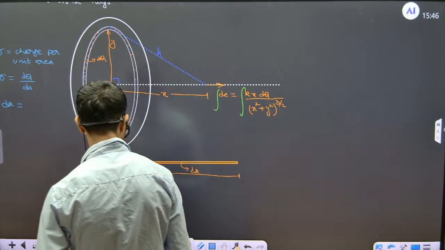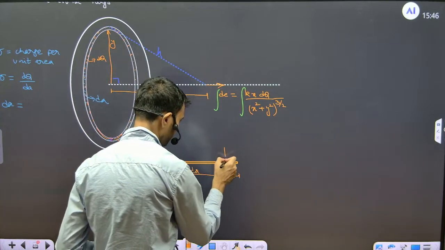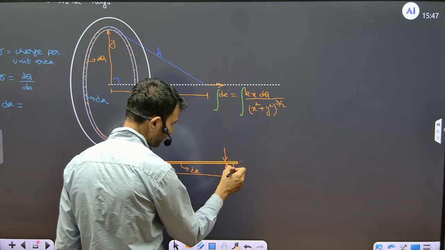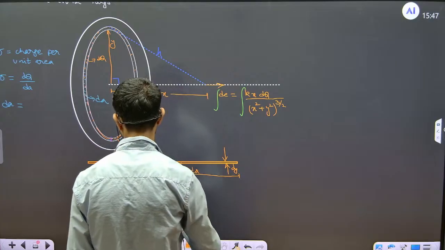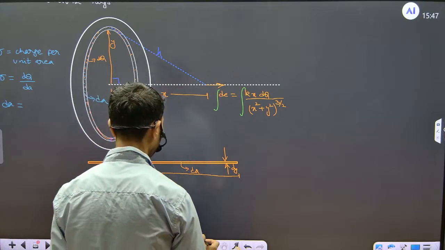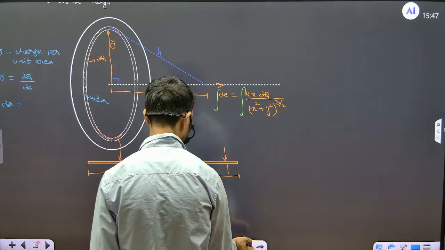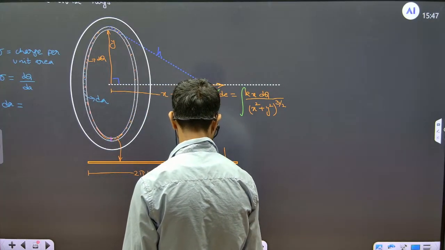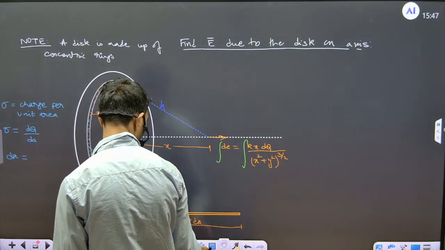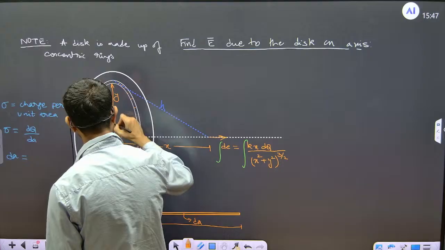And what is the thickness? This thickness is dy, right? Why it is dy? If you're wondering, see. Y is here to here, right?